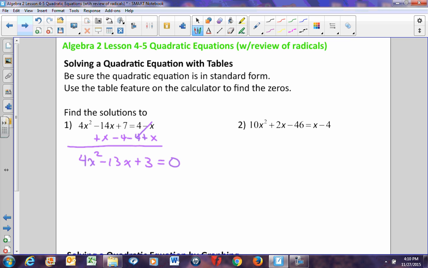And so if you go down there, you should be able to see that at 1/4, y is 0.